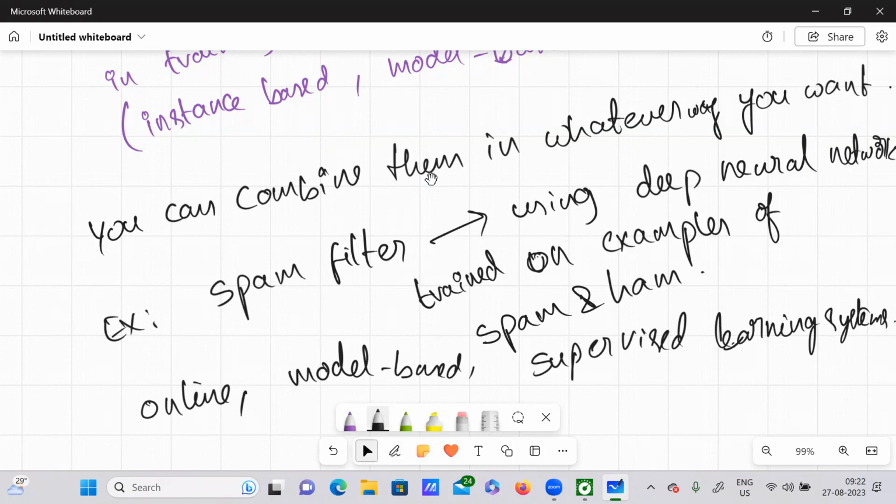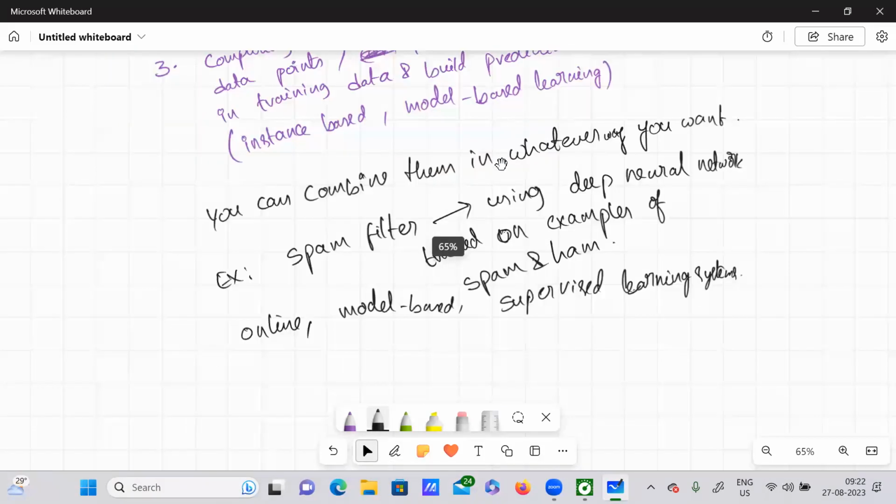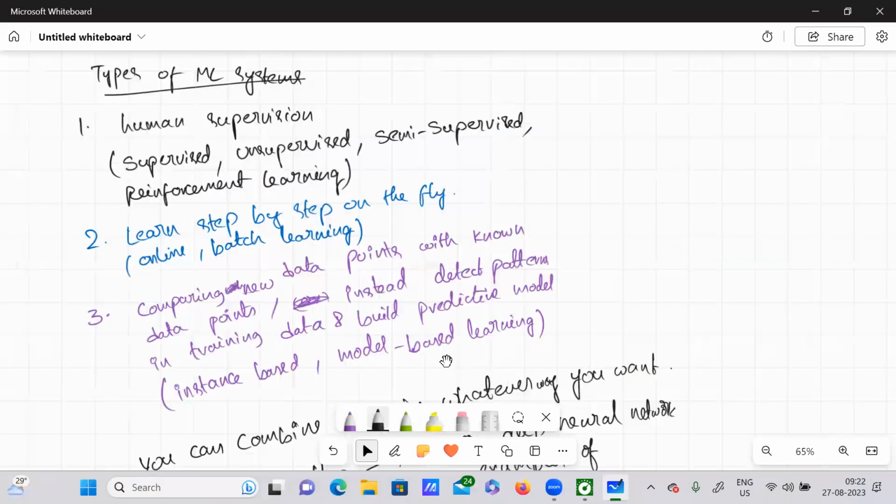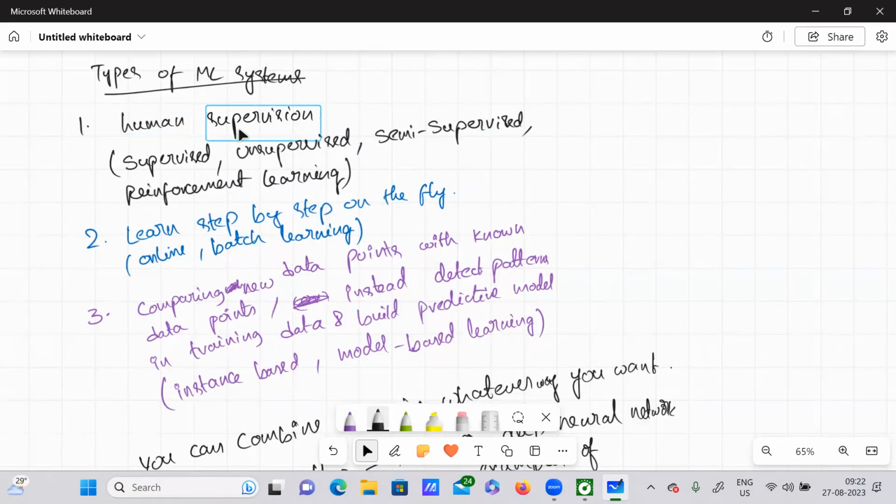So this is the scenario here in this video. We have classified the algorithms depending upon whether or not there is human supervision. If there is any supervision, then it comes under supervised. If there is no supervision, it comes under unsupervised. Likewise, semi-supervised and reinforcement learning are also present.